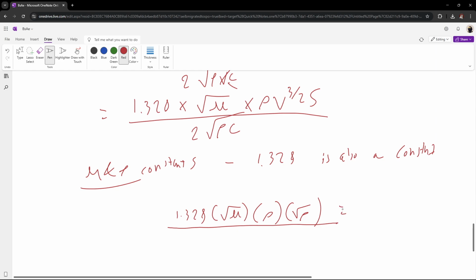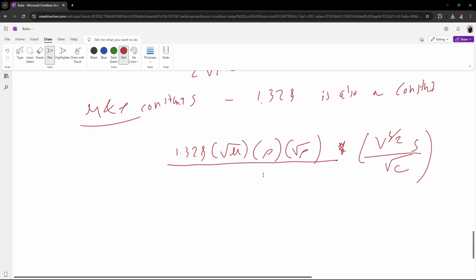Is equals to, not equals to, but V to the 3 over 2 S square root of C. Let me just fix that really quick.